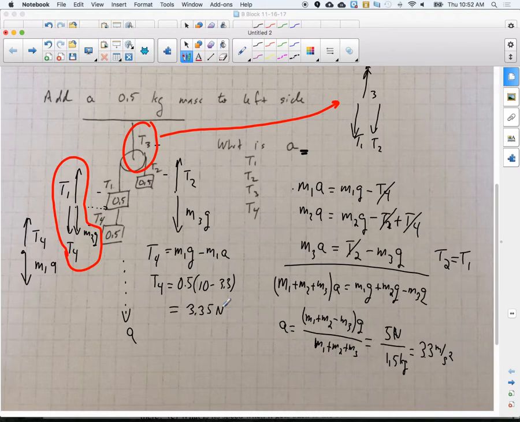Okay, right? You just took that out. Okay. T2, I'm going to use this equation right here. T2 is equal to M3G plus M3A. And that's going to give me 0.5 times 13.3. And that gives me 6.7 newtons.